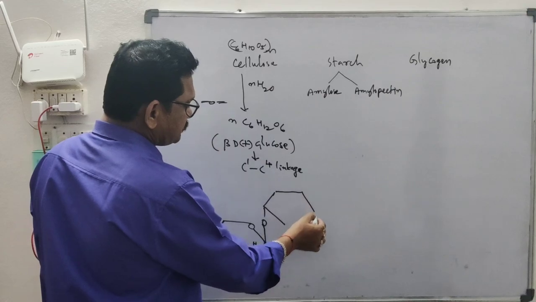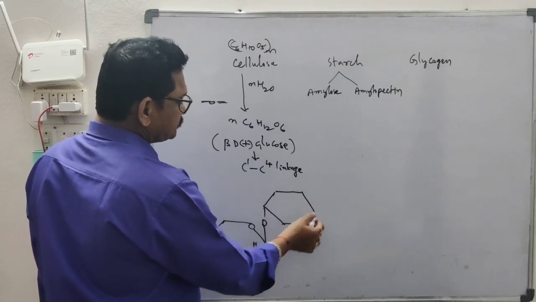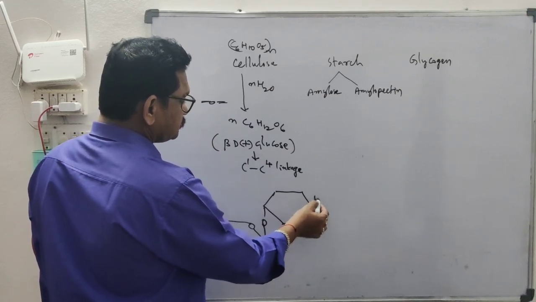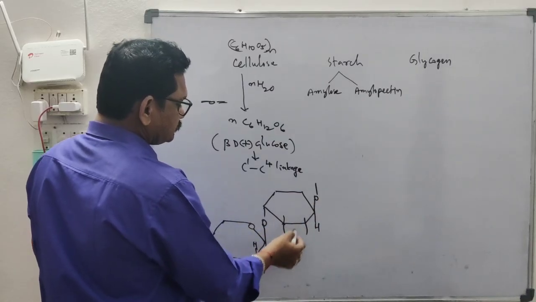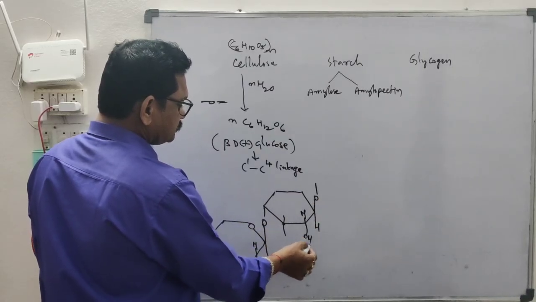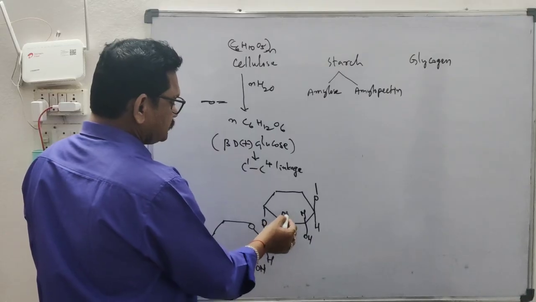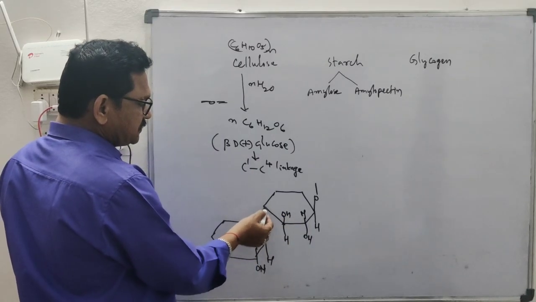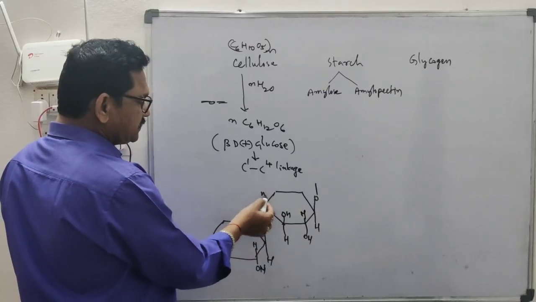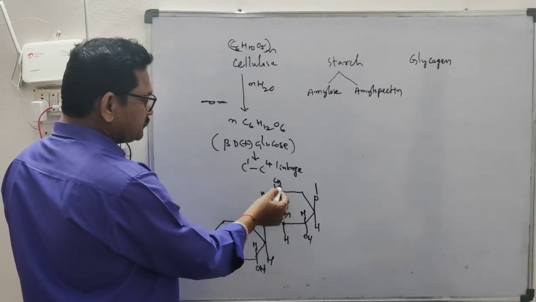That means C4 of another structure. See this OH, here there is a loss of water molecules. This is the fourth carbon. Here CH2OH.